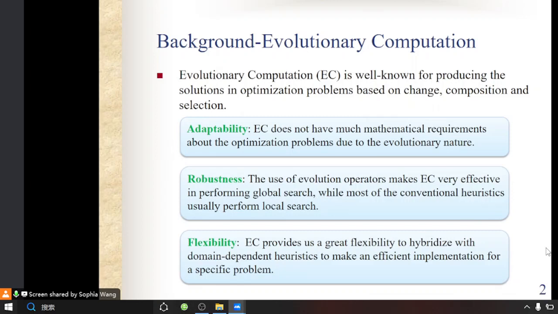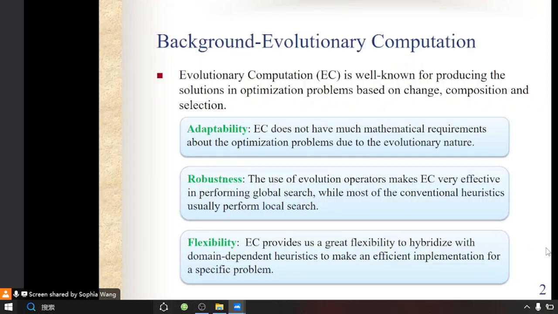First one is adaptability. EC does not have many mathematical requirements about the optimization problems due to its evolutionary nature. For the traditional ones, as I said, I don't like statistical models or mathematical models because they have a lot of assumptions and a lot of requirements.